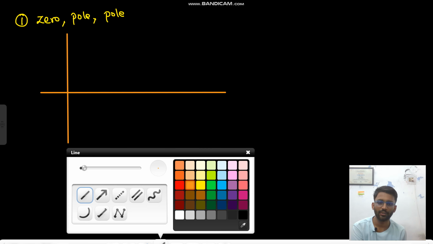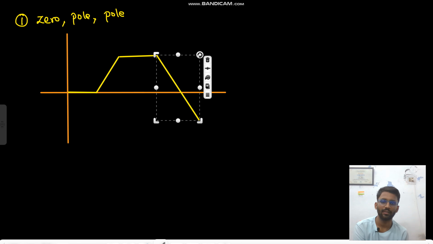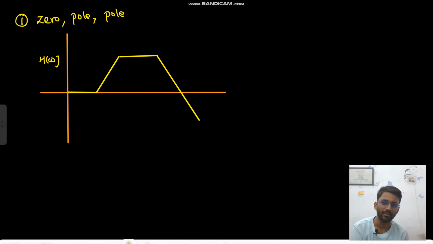So we will start from 0 dB. Then we have a zero. Since we have a zero first, it is going above 1. So let us draw the complete graph. Then we have a pole, then again we have a pole. So it is going above 0 dB.